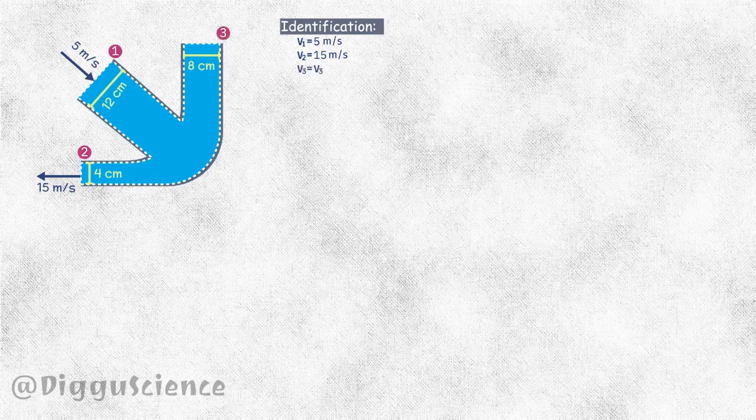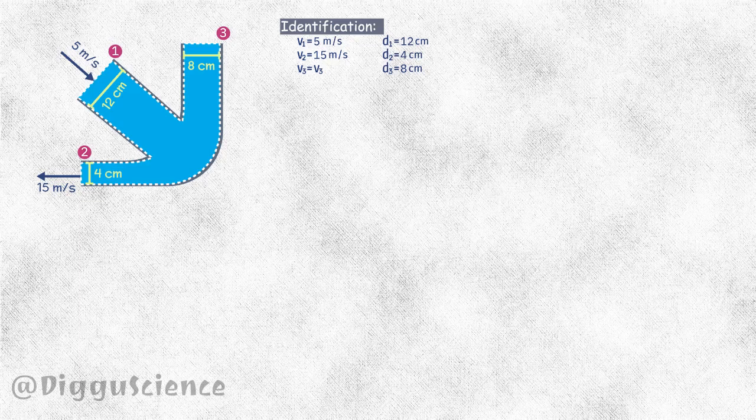Speed 3, v3 is unknown because this value is not yet known. Pipe diameter 1, d1 is equal to 12 centimeters. The diameter of pipe 2, d2 is equal to 4 centimeters. The diameter of pipe 3, d3 is equal to 8 centimeters.